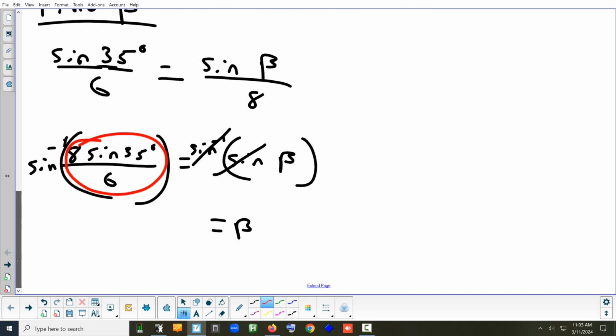Now you can double check this, but you're taking the sine of 35 times 8 and dividing by 6. First of all, sine of 35, what quadrant is 35 in? Quadrant 1. And if you take the sine of something in quadrant 1, what kind of answer do you get?